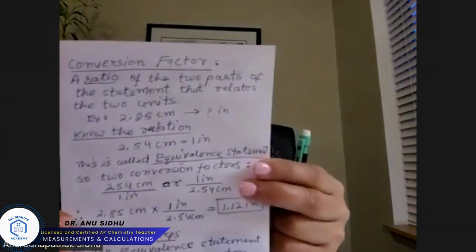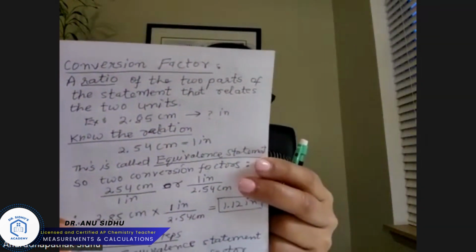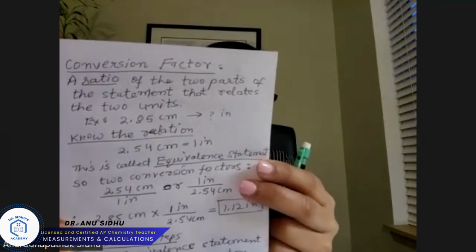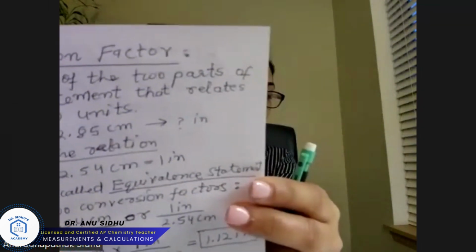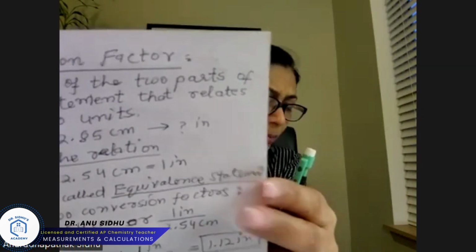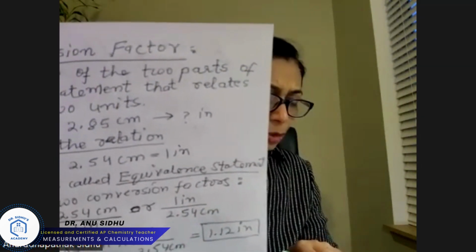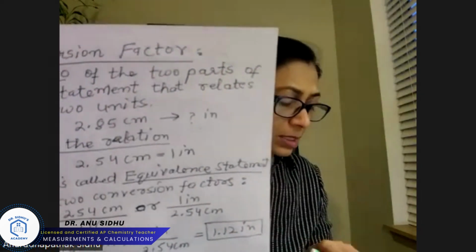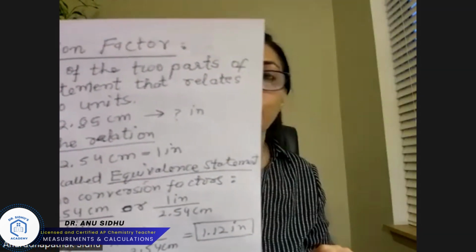So what is a conversion factor? Let me describe that for you. Are you able to see this definition? The conversion factor is a ratio of the two parts of a statement that relates the two units.